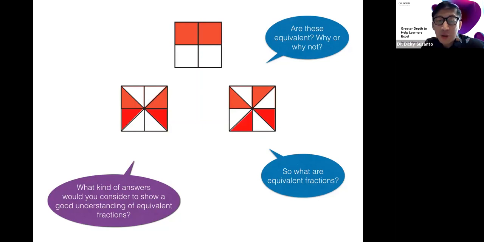They might say, I can move that triangle up, so again, the geometry and the motion are there. So they have a robust understanding that as long as I can show that the covered parts are the same size, then they are equivalent.